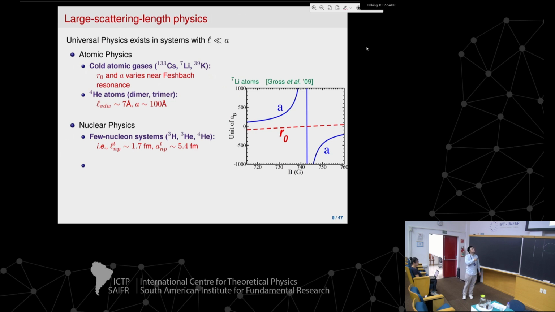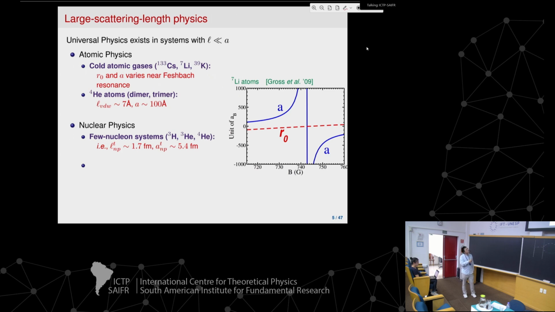The range is determined by the van der Waals length, which is about 7 Å, so it's 10 to the minus 10 meters, and its scattering length is about 100 Å. So this is two orders of magnitude difference. For those systems, they form two-atom dimer and three-atom trimer states, and the trimer also has a shallow state related to ephemeral physics. We'll mention that tomorrow.